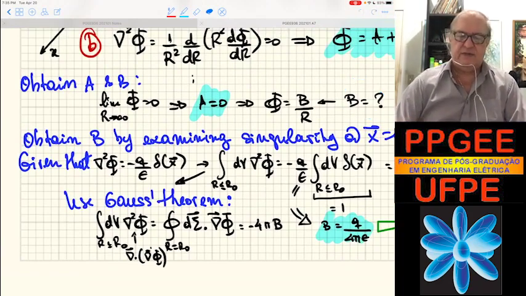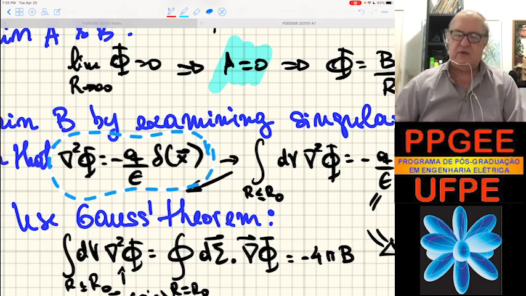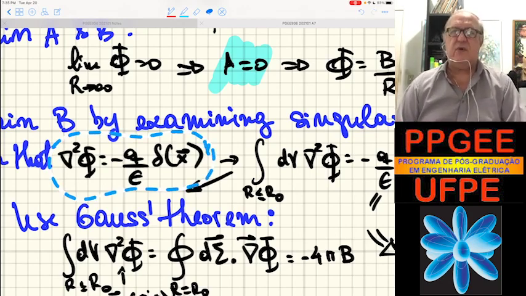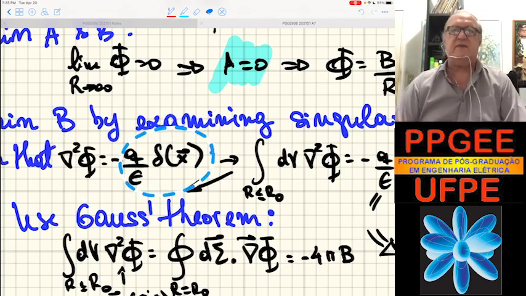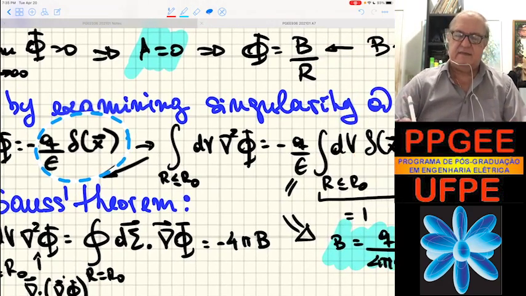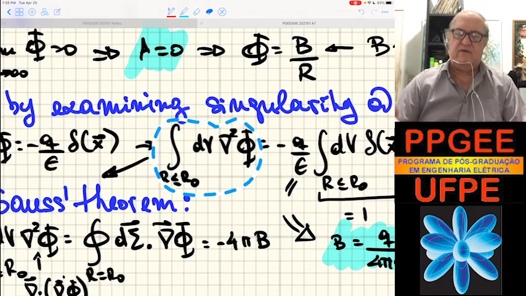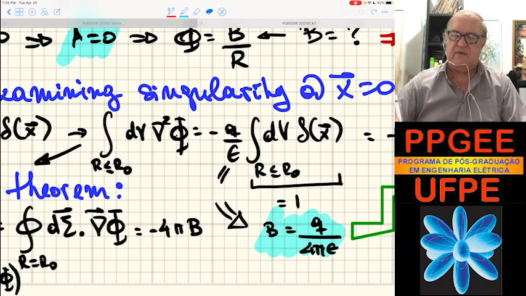So that's the equation we have. We are going to integrate around the origin so we can have a finite value for the integral of the delta function. So we can pick up the charge, right? So we have that the volume integral equals minus Q over epsilon times the integral of the delta function around the origin.